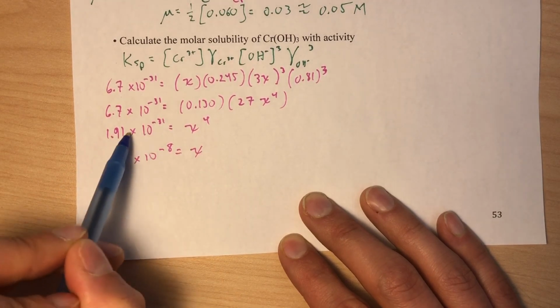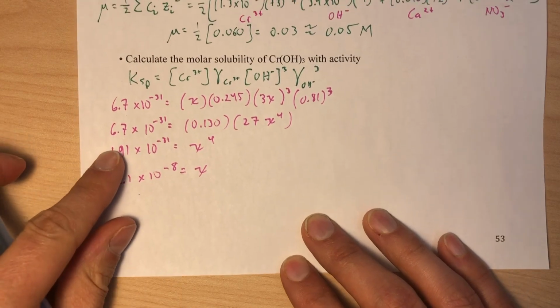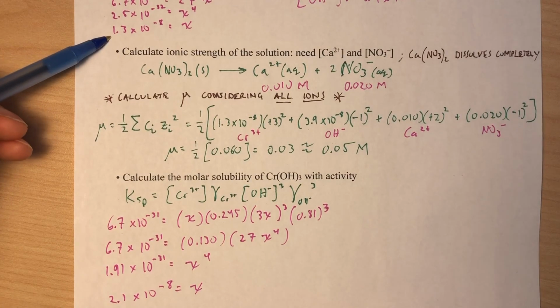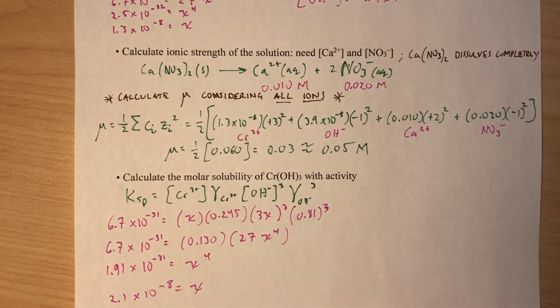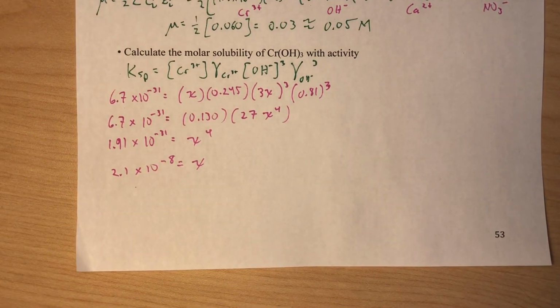And we take that value raised to the power of 1/4 to get to our molar solubility, which is 2.1 times 10 to the negative 8th. And we can compare that again to our value that we calculated earlier for chromium hydroxide without any other ions present. And again, we see that the molar solubility has increased as precipitation is prevented.